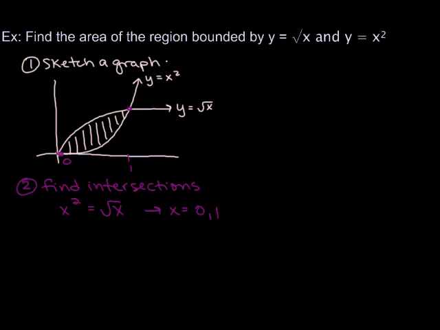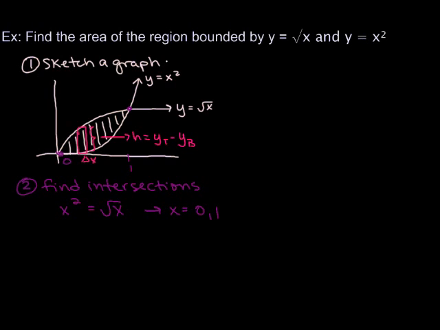Okay, so now that gives us our x values in which we will do our integrating. All right, so now if we look at our cross-section or one of these representative rectangles, we see that the length of the base of our rectangle is delta x, and then the height of that rectangle is going to be equal to y top minus y bottom.